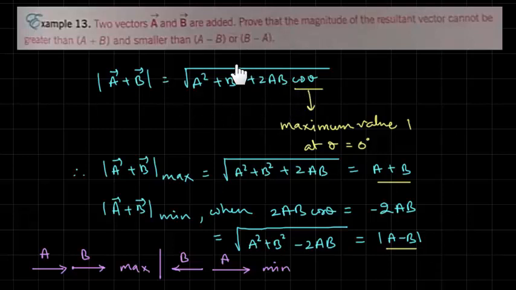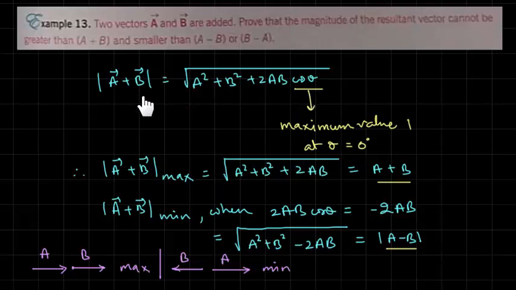Now what is the maximum value of a vector plus b vector? Because we are supposed to find the limits of this resultant vector, it cannot be greater or smaller. So let's see when this quantity is maximum or minimum. These two are squares and cannot be changed, but theta is the variable.